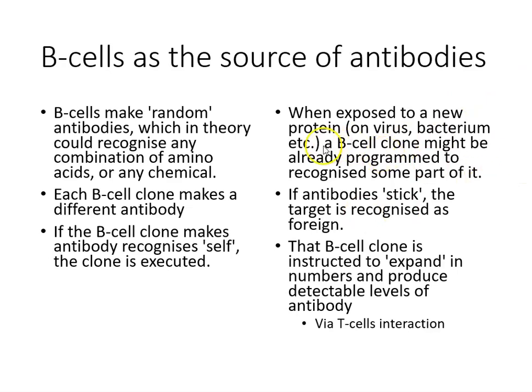The B cell clone will be expanded, it will proliferate, it will produce lots of soluble antibodies that will float around in blood, some of them will float around in tissues. These will stick onto that foreign target, in this case COVID-19 spike protein. That means that any infected cell will be recognized as foreign. It'll be coated with antibodies, and those cells will be recognized to be destroyed, or the T cells will directly destroy those cells.